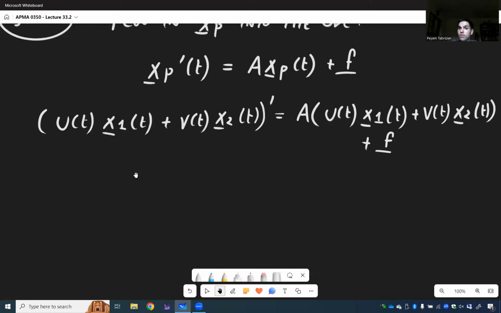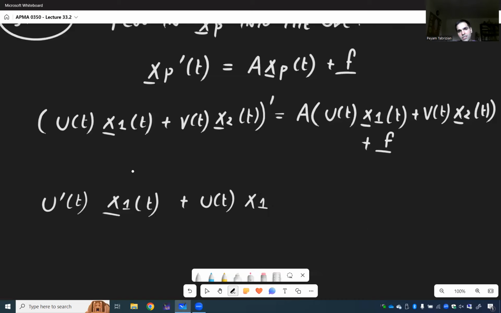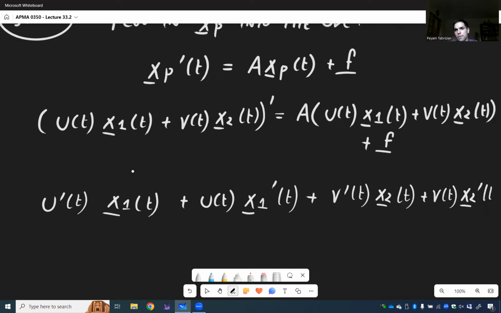Now here we have the derivative of a product, so we use the product rule. So u prime of t x1 of t, plus u of t x1 prime of t, plus v prime of t x2 of t, plus v of t x2 prime of t.